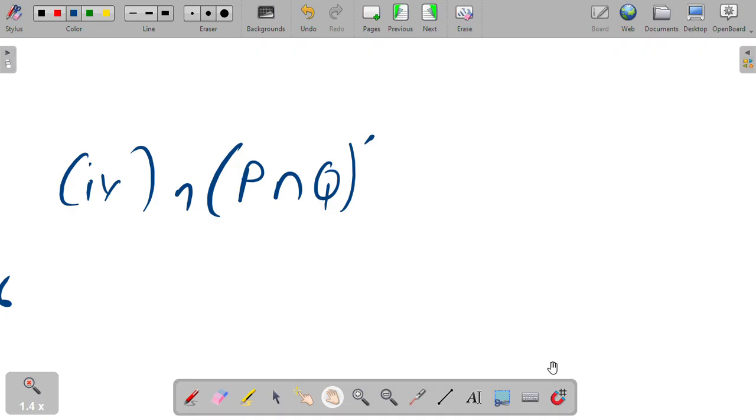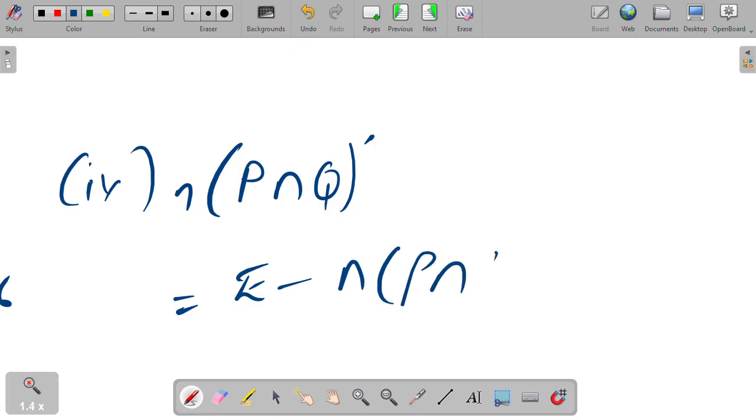So now that you know, what do you do? You first add all the elements of the set. The formula is simple: the universal set minus n(P ∩ Q)'.